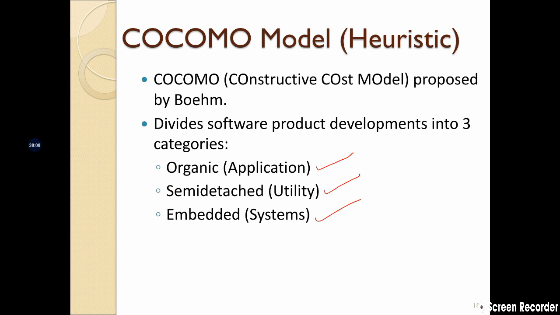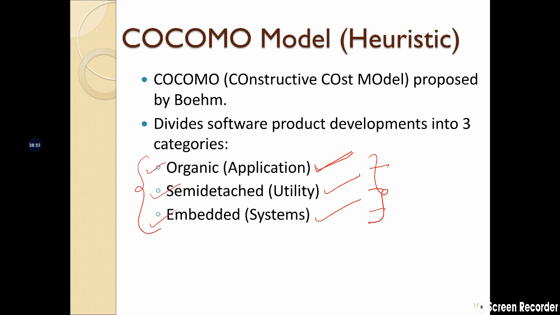So first you have to identify which category the product or project you're doing belongs to: whether it's an organic category, a semi-detached category, or an embedded system. Depending on this, you fit the parameters into a formula, and based on the output, you can find out the cost and the effort. It's very simple.